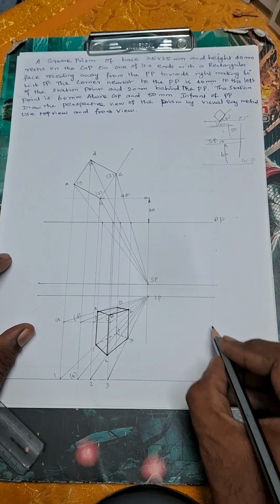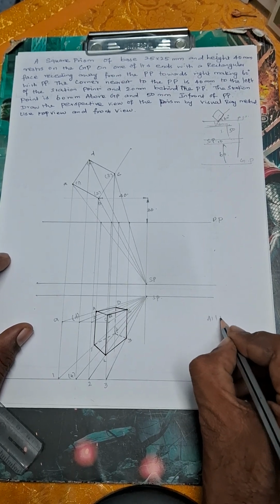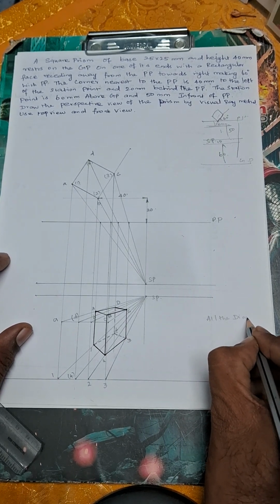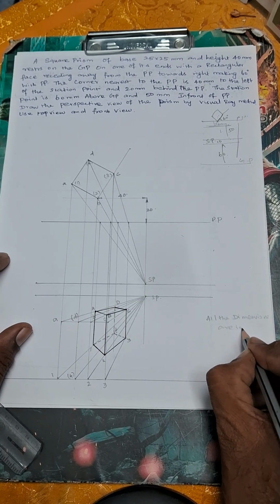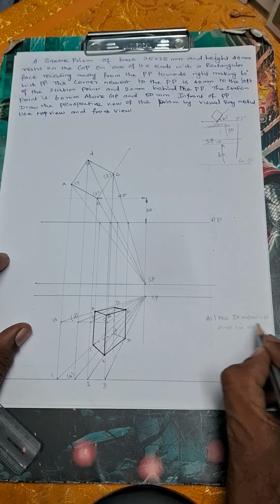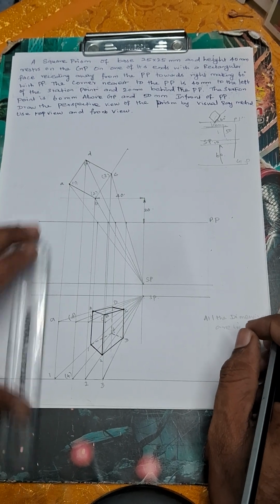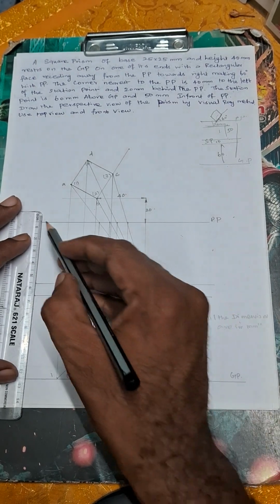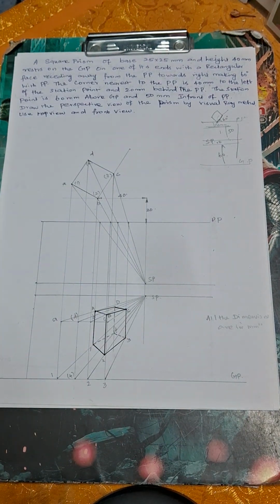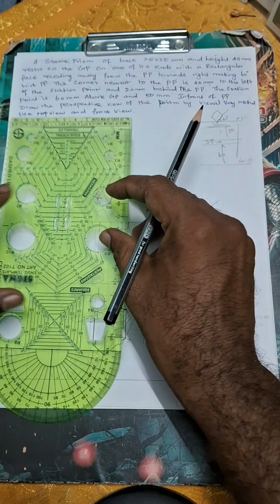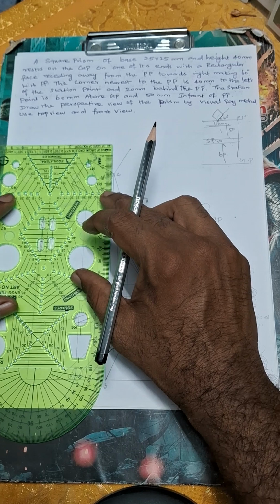And also finally you need to write all the dimensions are in mm, because we are using the metric scale, and also mark the dimensions. So with the help of my template scale I can easily mark my arrowheads.